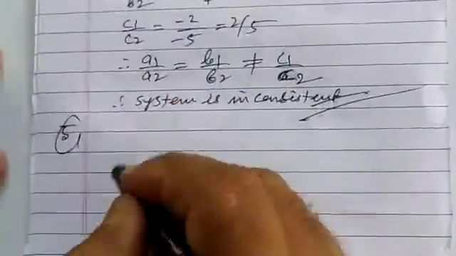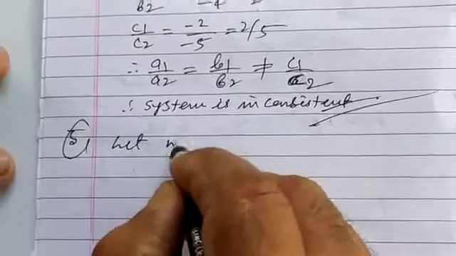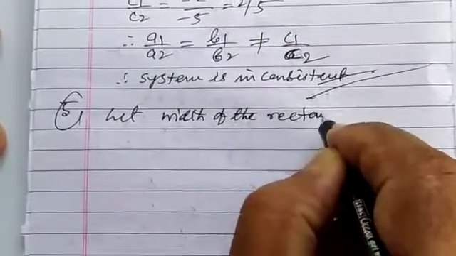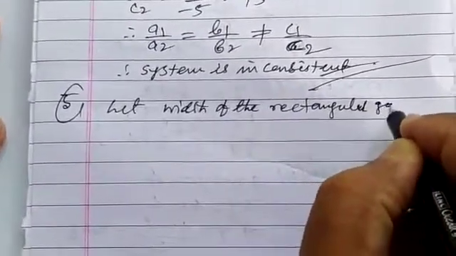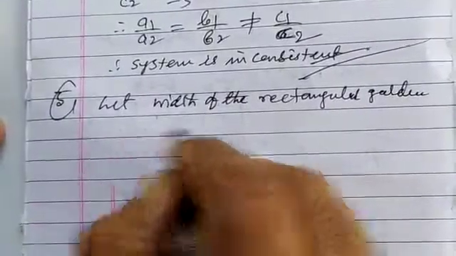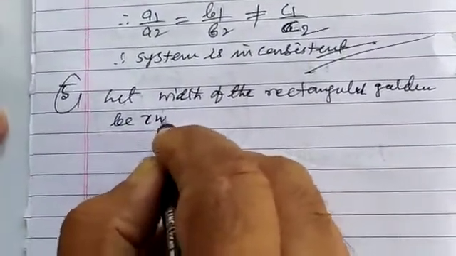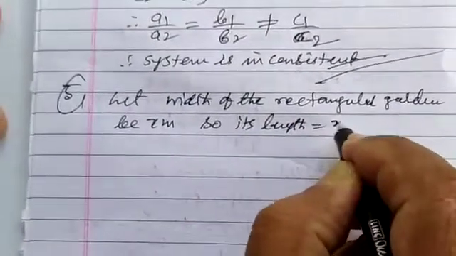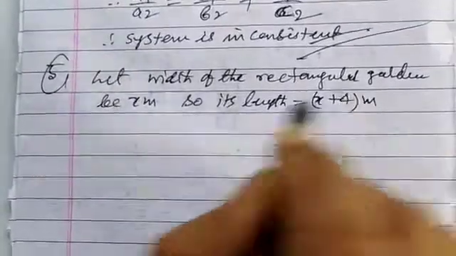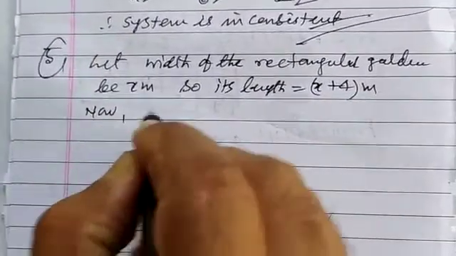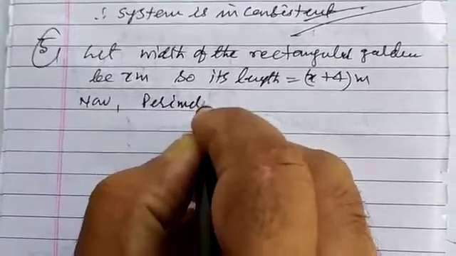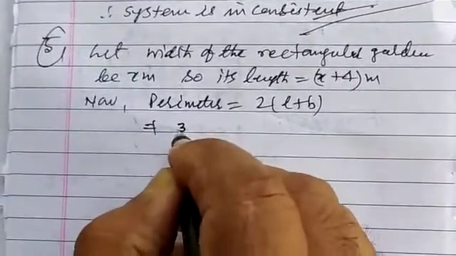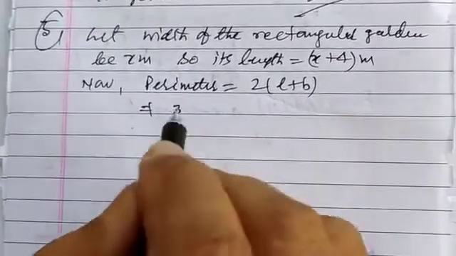Let the width of the rectangular garden be x meter, so its length equals x plus 4 meter. Now perimeter equals twice L plus B. Half the perimeter of the rectangle is 36.